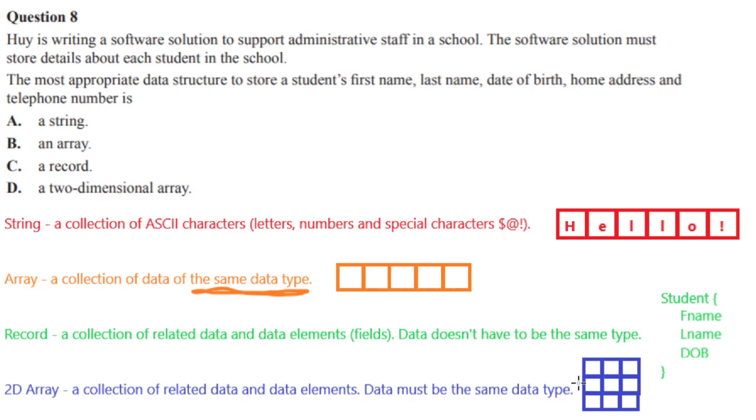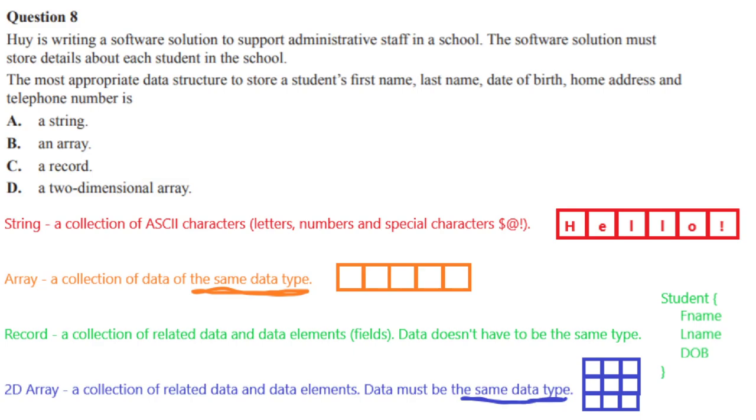You can think of these as matrices if you're doing maths. You can store pieces of data in here. Each square, you can store a piece of data. And just like our normal one-dimensional array, these also need to be the same data type.